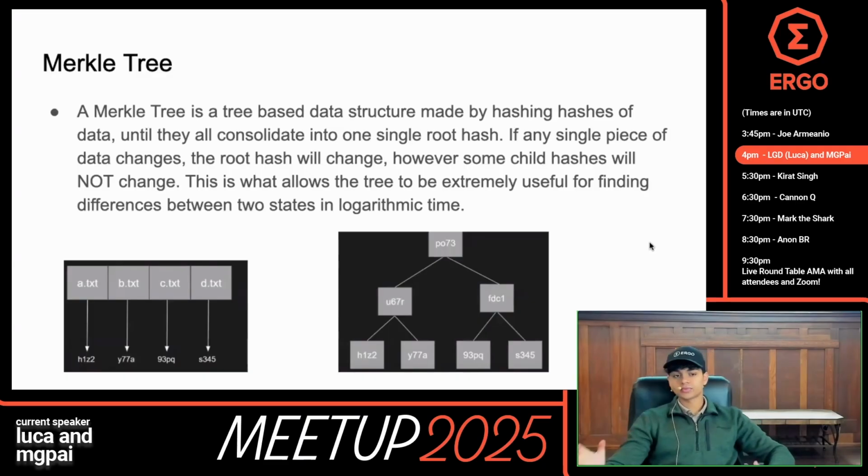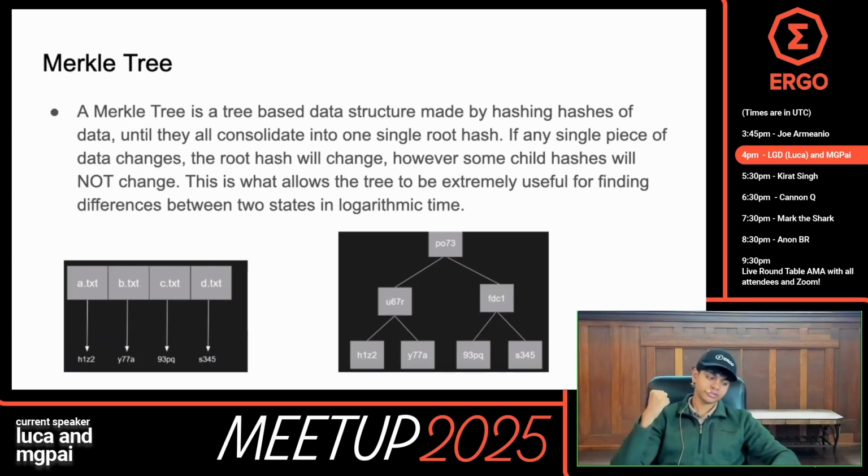All right, so a Merkle tree is a tree-based data structure, and a tree-based data structure you can think of as having a root at the top, and it has branches pointing to more nodes, right? You can see that data structure in the diagram behind me. The boxes are called nodes.